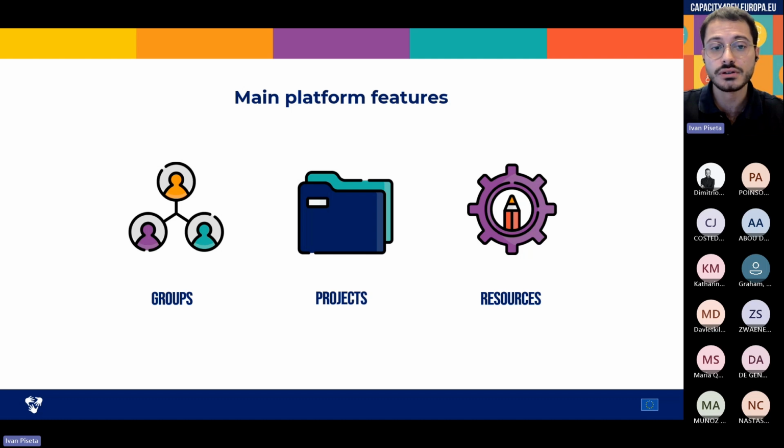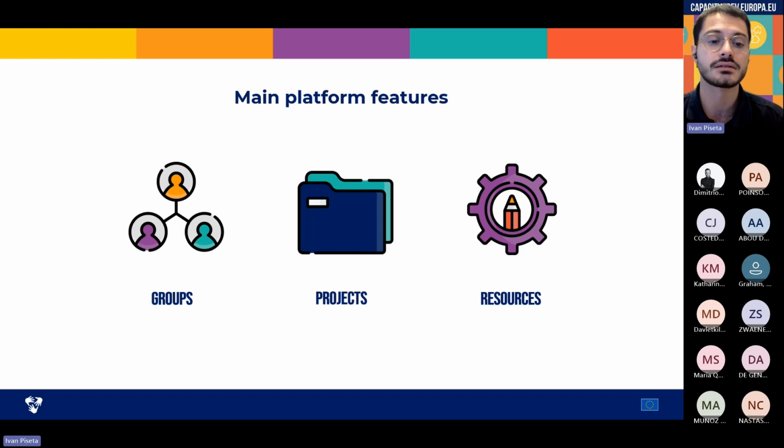So let's go to the main platform features. Groups basically are used for collaboration. They're dedicated spaces for interaction among users. You can create a group about a specific topic or a specific area of intervention. This is also how the platform functions when you browse content.